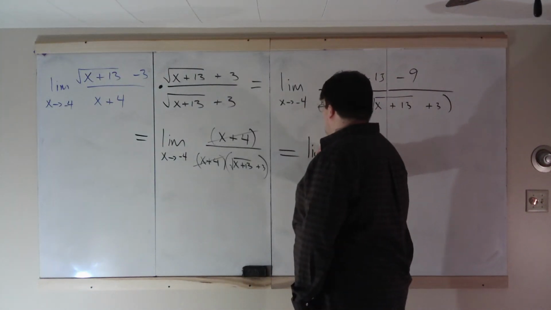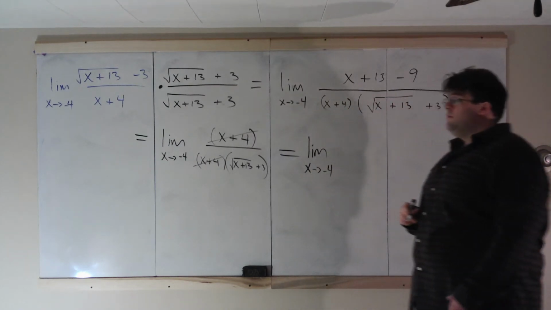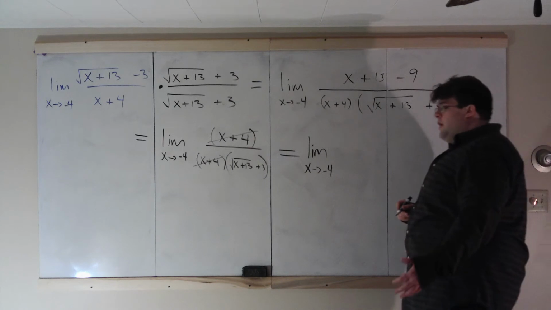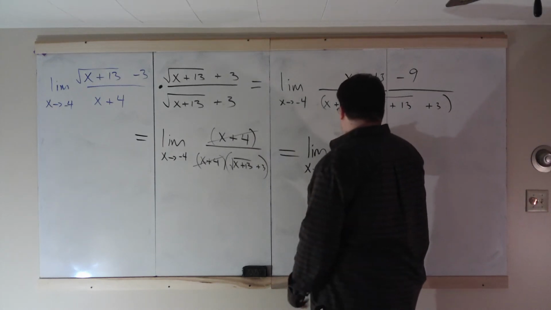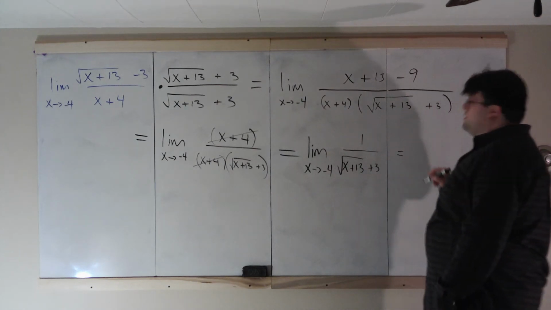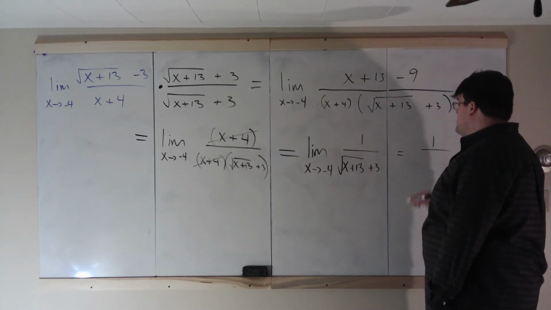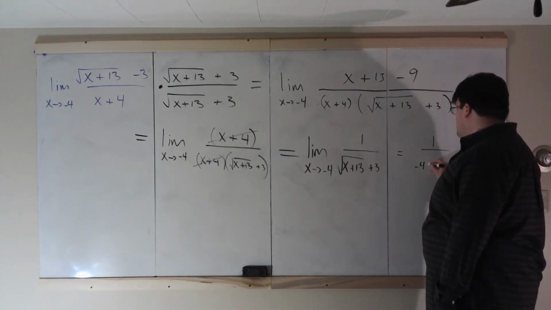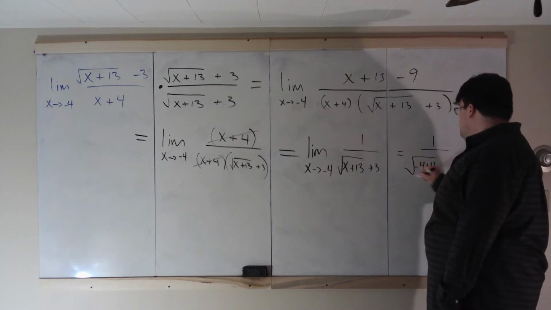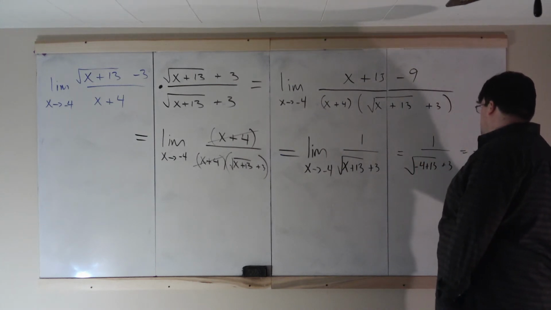And that limit now equals this limit. We still haven't taken a limit yet. We can't get rid of the limit as x approaches negative 4 until we've actually taken a limit. And we haven't taken a limit, we just did some algebra. But now we will try a substitution. We get negative 4 plus 13 under a square root, plus 3, so 1 over 3 plus 3.